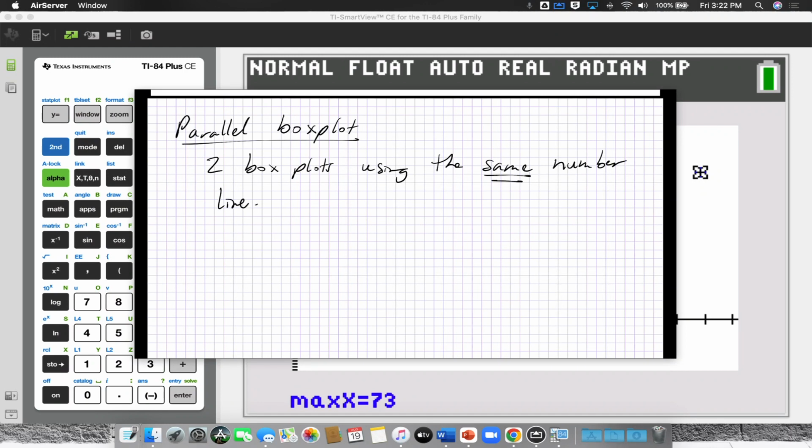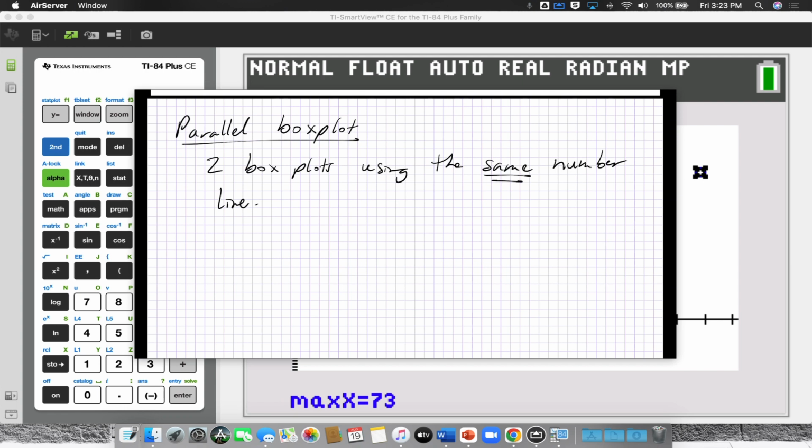It has to be the same number line. I just want you to write that down in your notes, because you're going to see it on your assignment and you're going to be like, what the heck's a parallel box plot? It's kind of like a back-to-back stem plot when we talked about that, but with box plots. Two box plots using the same number line.